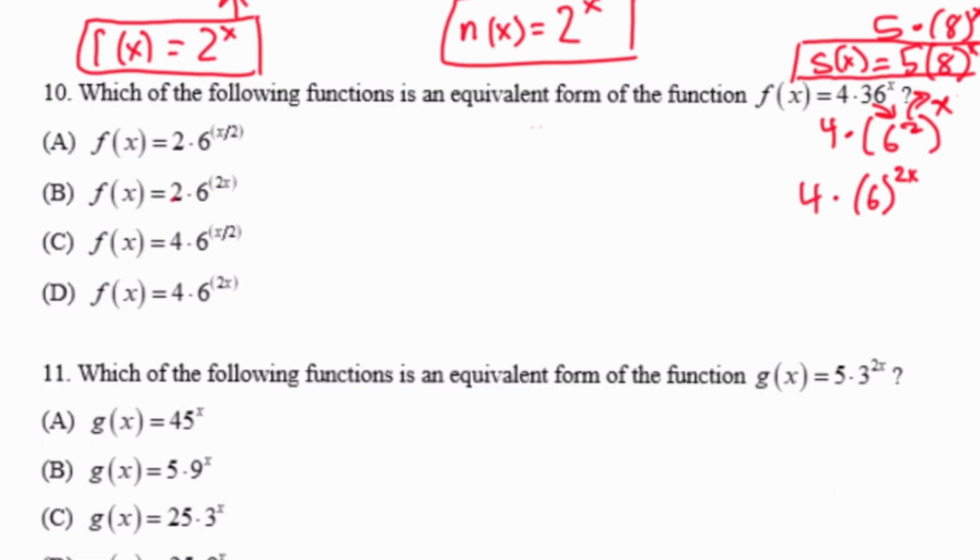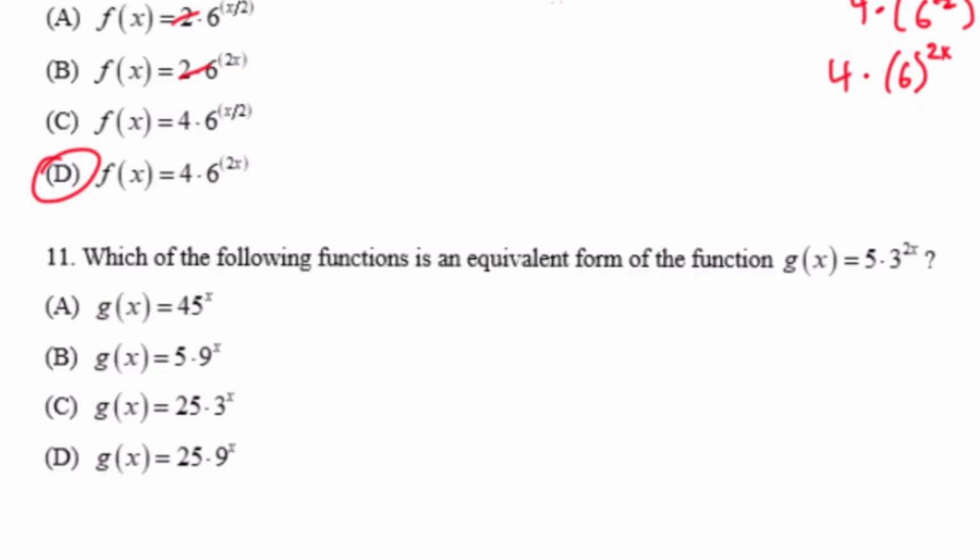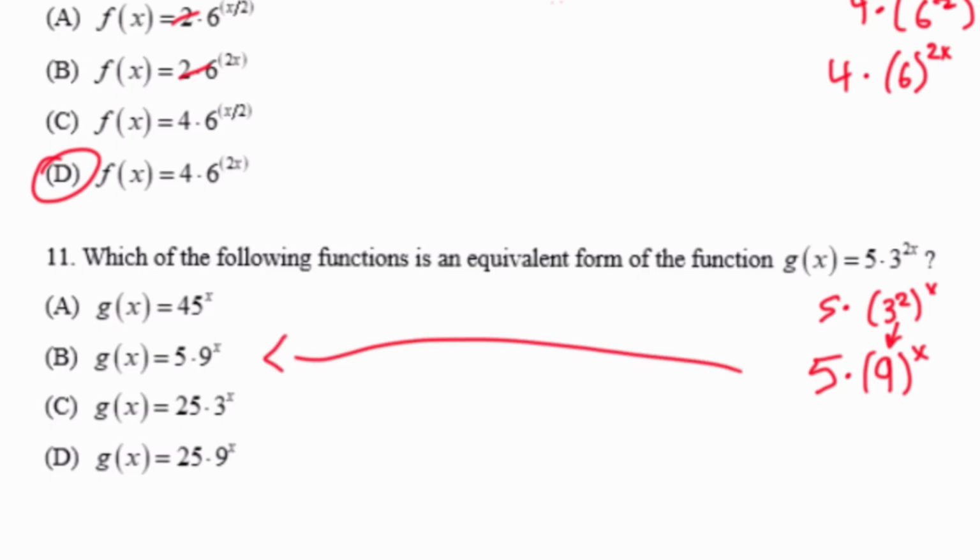It can't be 2 because we didn't do anything on the outside number. So it's D. Now the next problem, we have this here. We can do this. And then that can change into a 9. And so that is equivalent to B. So B is our answer.